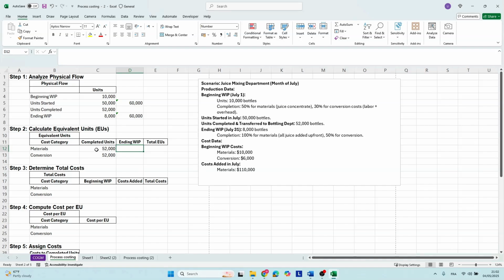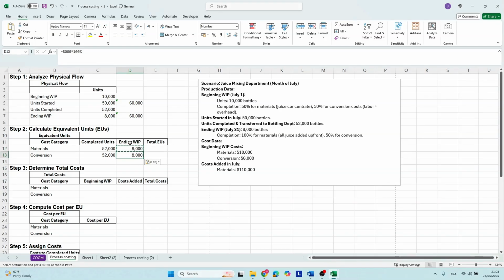Then we need to calculate ending work in progress for both. We have 8,000 bottles at the end of the period, 100% of material and 50% of conversions. So here we need to make the calculation. We have 8,000 bottles as work in progress times 100% for material.